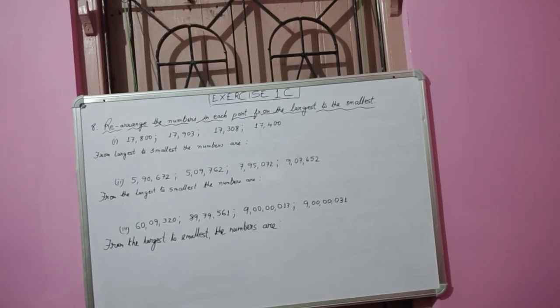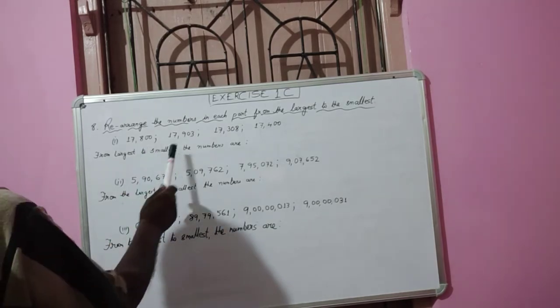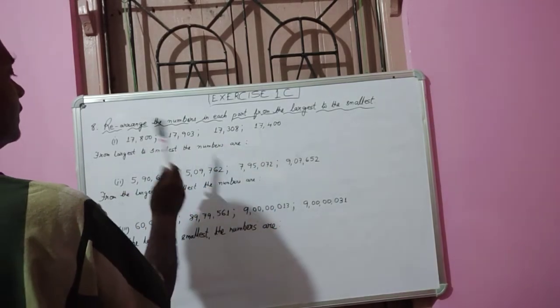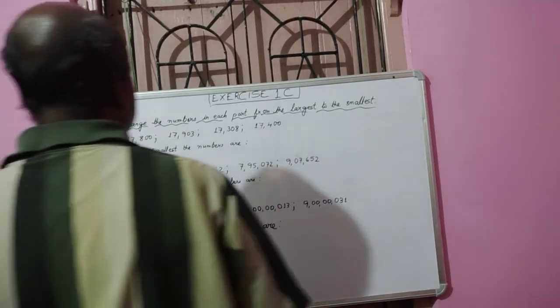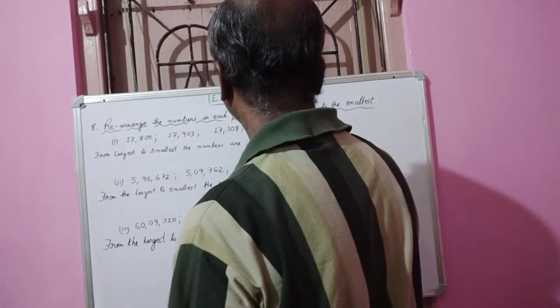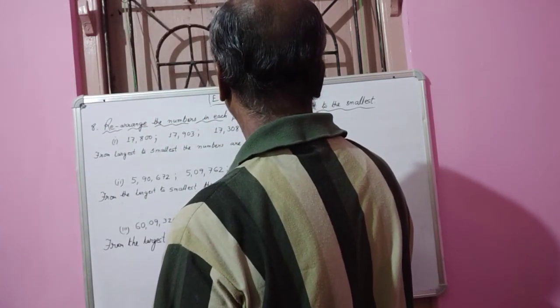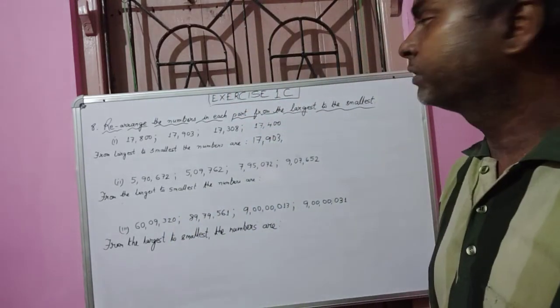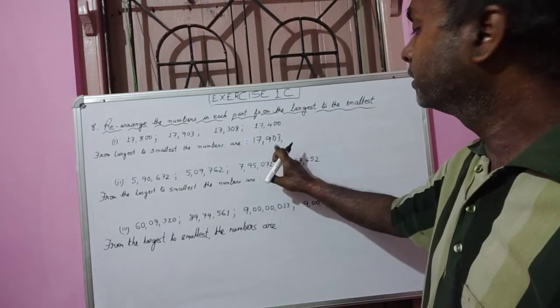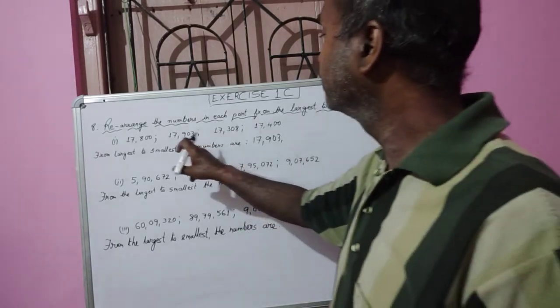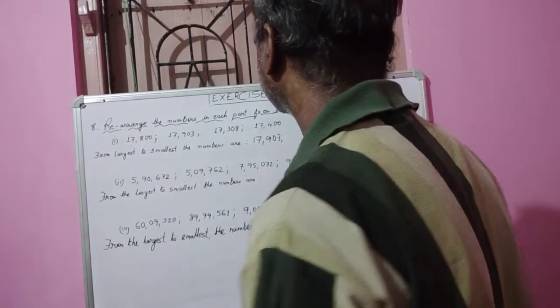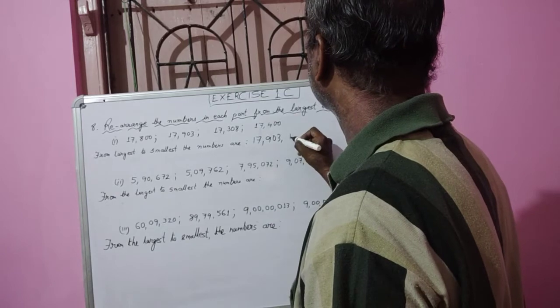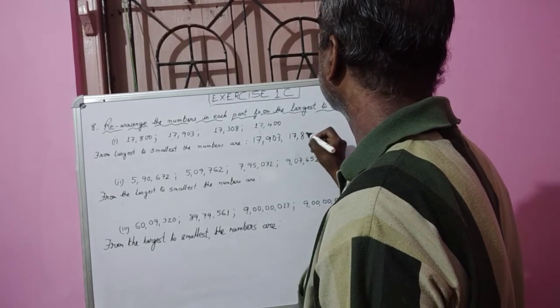One thing is common, that in the thousands house 17 is there. So out of these numbers, which is the biggest? 800, 900, 300, 400. 900 is the biggest. So the largest number is 17,903. The immediate smaller number than 900 is 17,800.